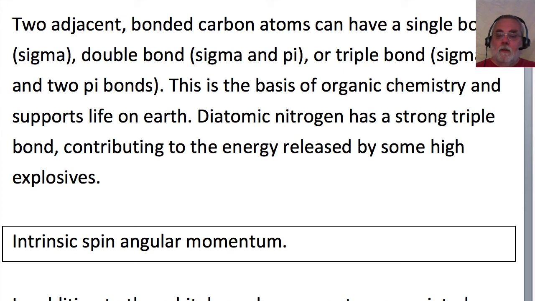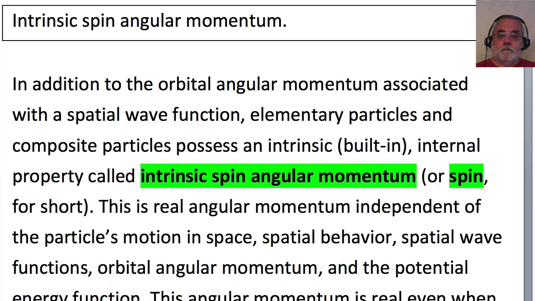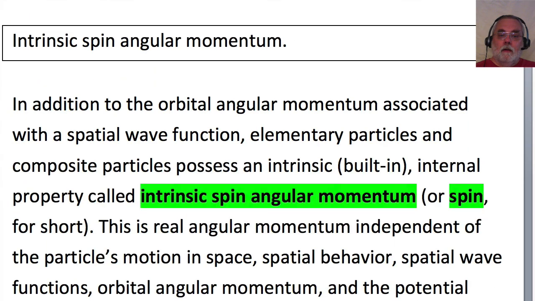Intrinsic spin angular momentum. In addition to the orbital angular momentum associated with a spatial wave function, elementary particles and composite particles possess an intrinsic, built-in, internal property called intrinsic spin angular momentum, or spin for short.